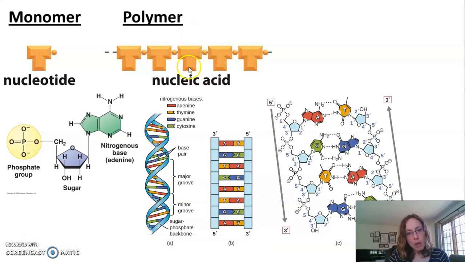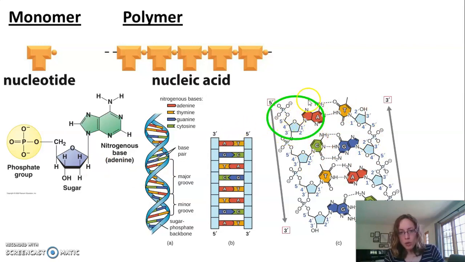But the reason that these monomers have this T shape here is because the DNA molecule is shaped sort of like a zipper, with backbones, and then it's zipped up in the middle. So if you look at this monomer here, you'll notice how those play out in this structure over here.